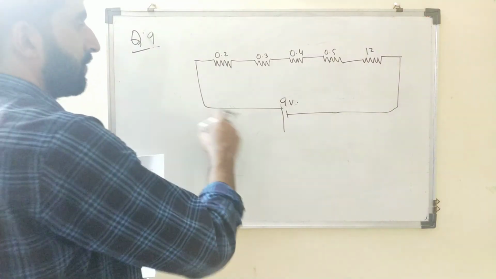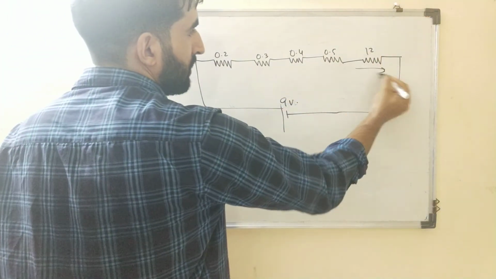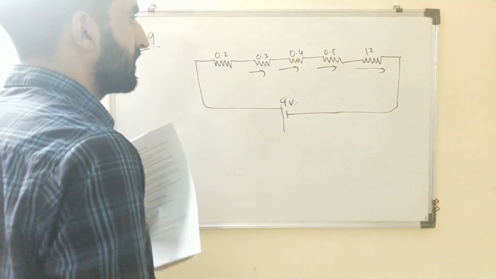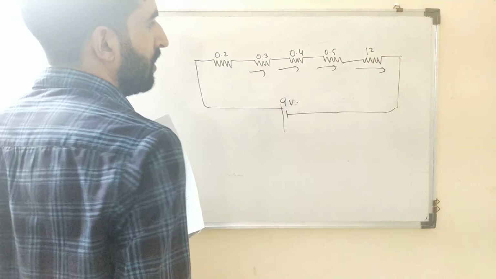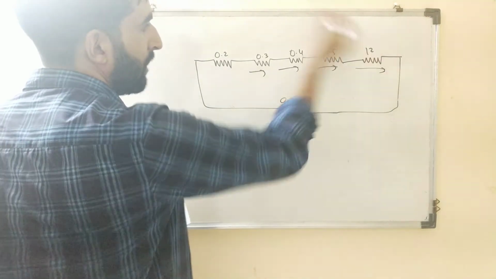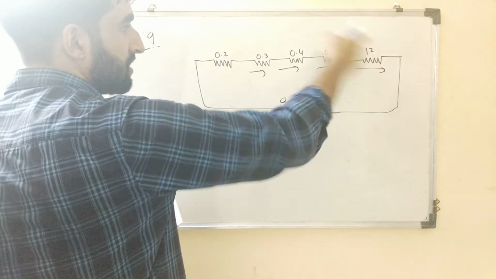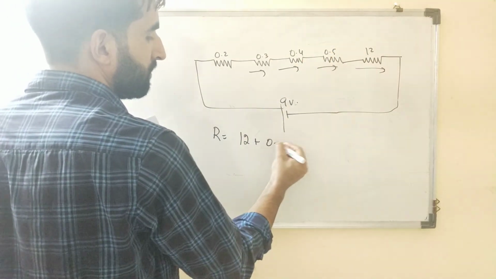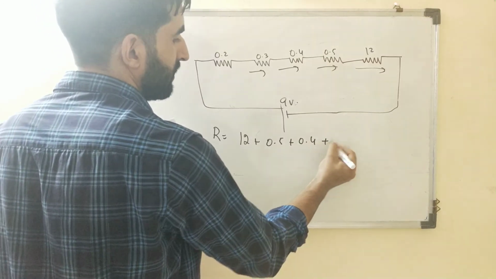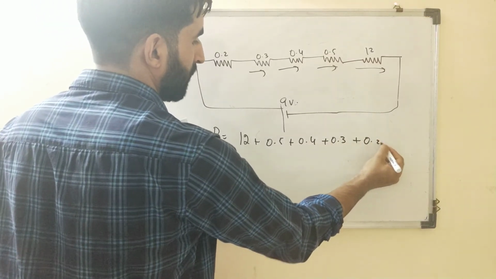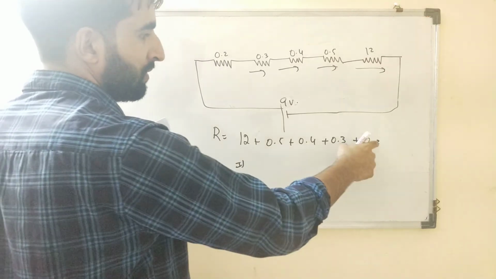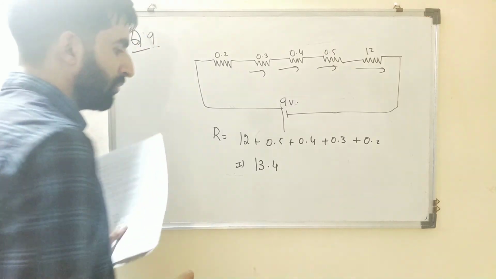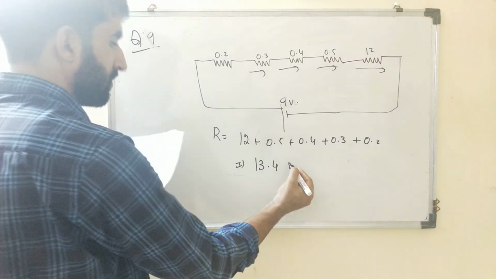So what will be the current flowing in the circuit, and that is the current flowing through this one. The same current is flowing across all the resistors. So we have to find out the current now. What will be the net R? Net R will be equal to the sum of the resistance of all the resistors. So this will be equal to 12 plus 0.5 plus 0.4 plus 0.3 plus 0.2, which is 13.4 ohms.